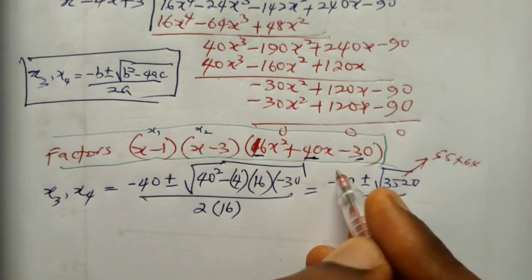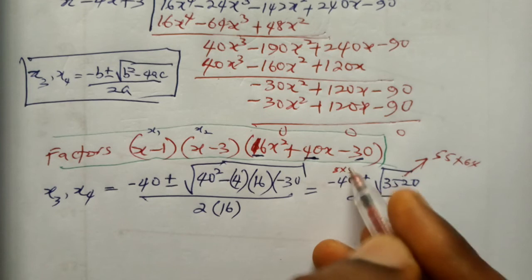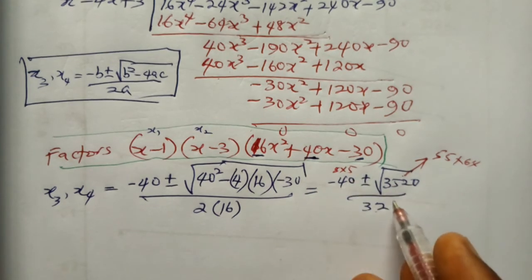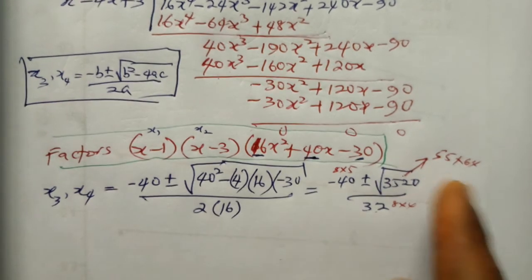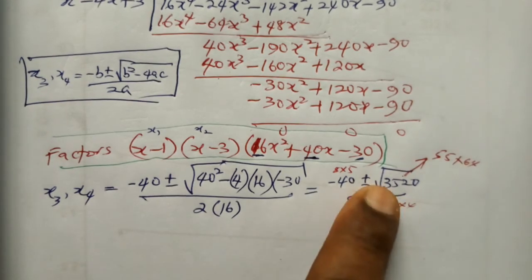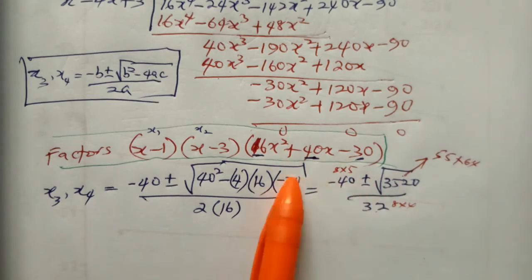This one is 8 times 5. This one is 8 times 4. So if we bring out 64, square root of 64 is 8. So we can factor 8 out. This one will cancel the 8 on the numerator.